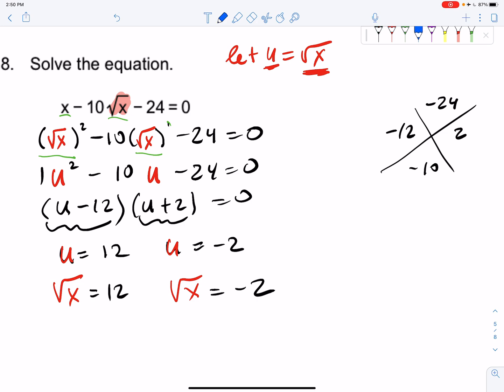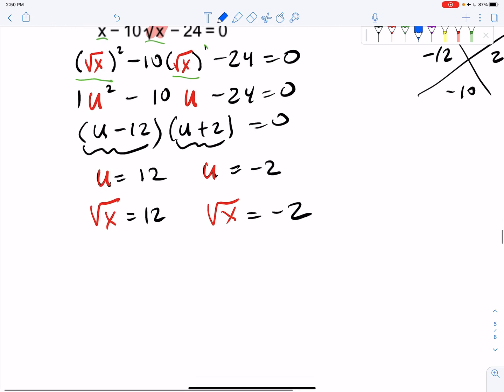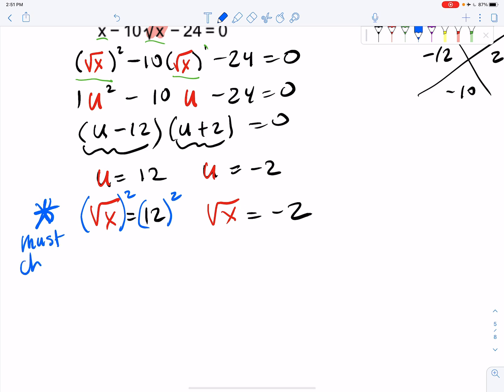Now how do we solve square roots? Well, we can undo a square root by squaring. And I want to put a big star right here. Because remember, whenever you square both sides of an equation, you must check for extraneous solutions. So that is a must. So now we end up getting the square root of x squared.